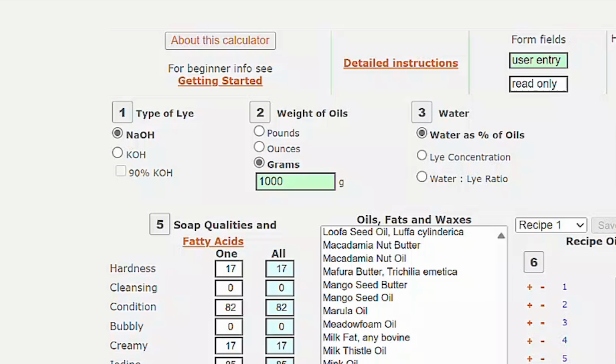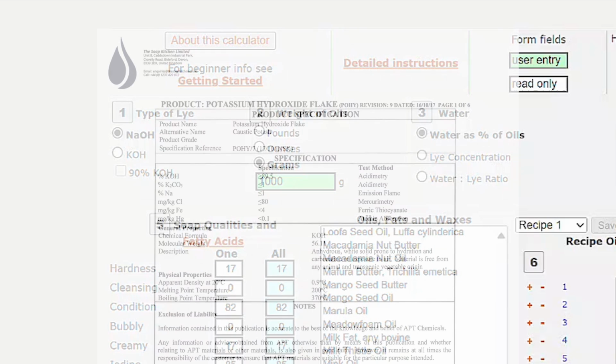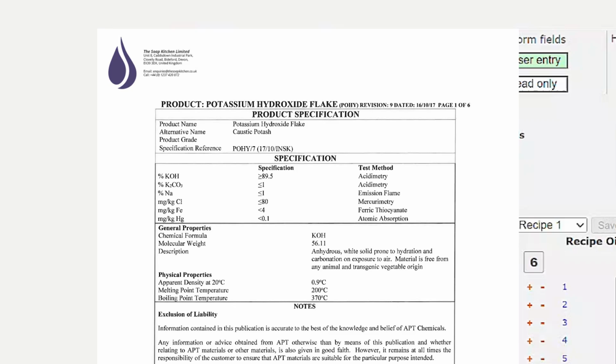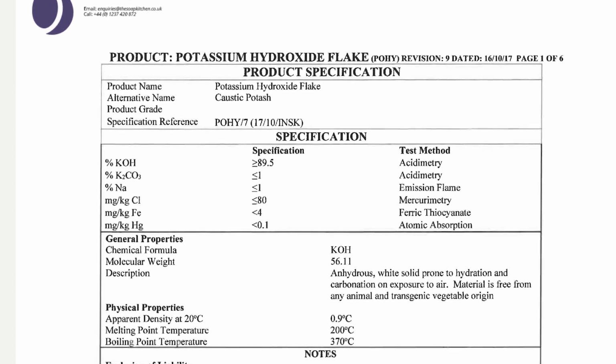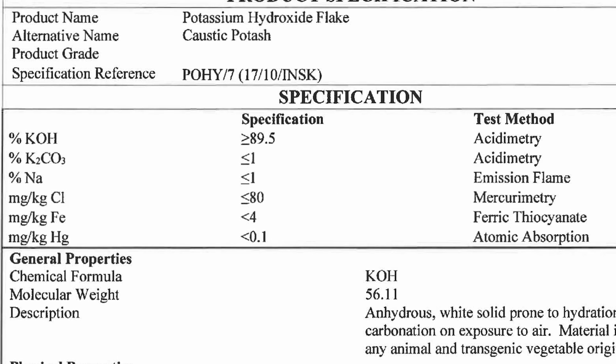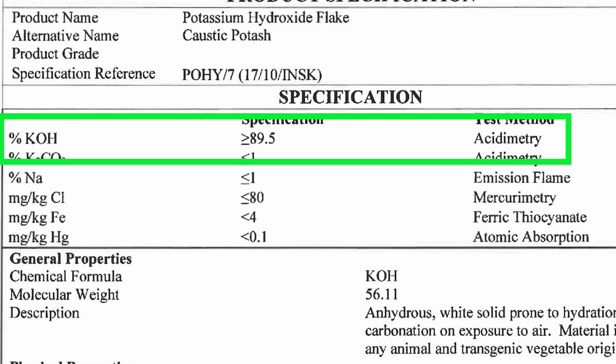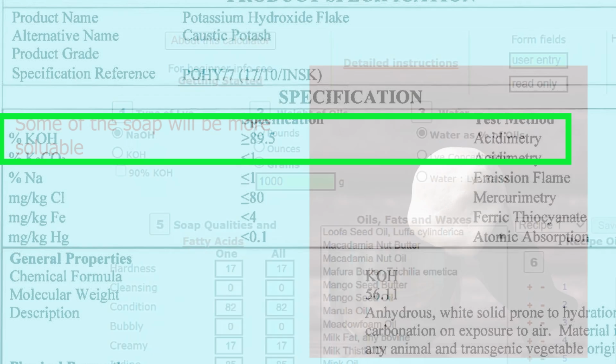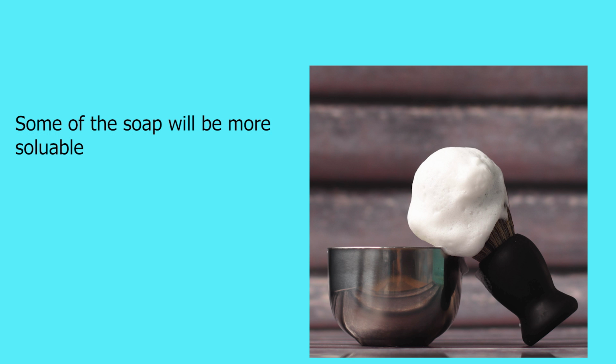Now, when you buy potassium hydroxide, if you use a reputable supplier, they should give you a certificate of analysis that tells you the strength they're expecting, or maybe they just state it on the web page. But one of the most important things to do when you have potassium hydroxide is make sure you don't buy more than you can use up in a reasonably short period of time.